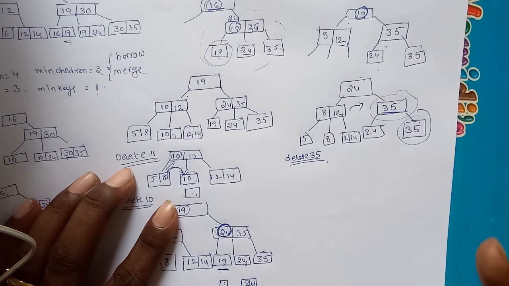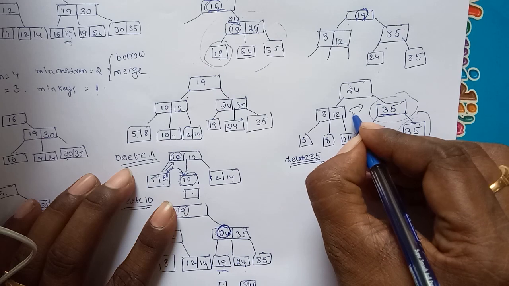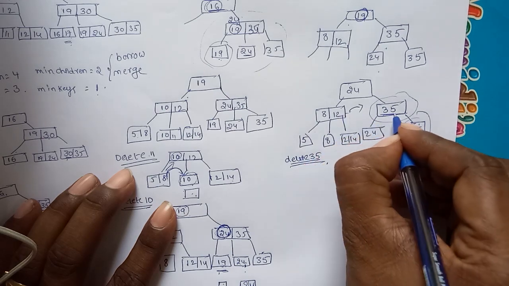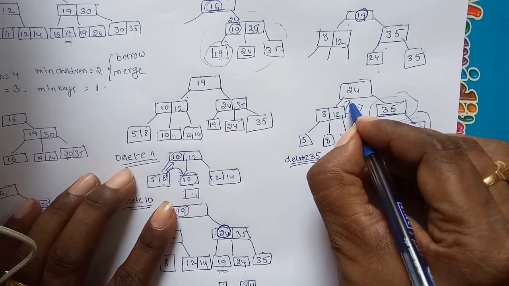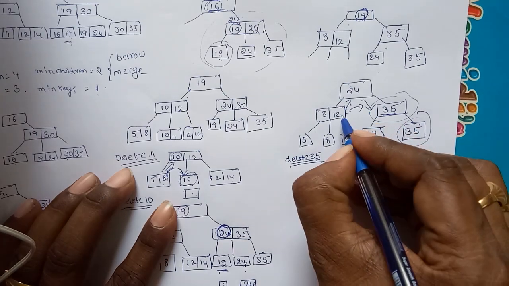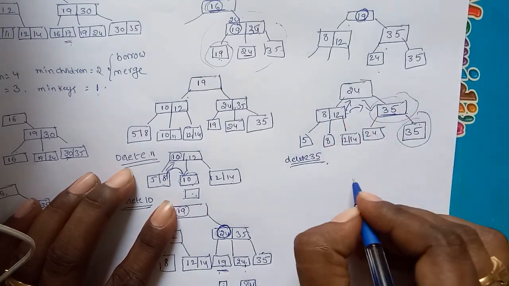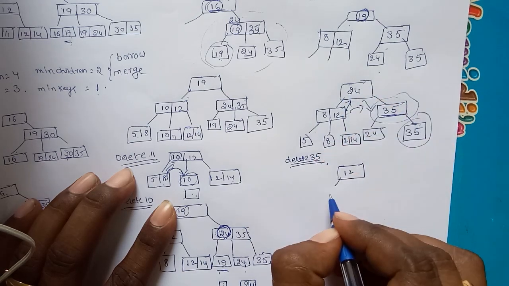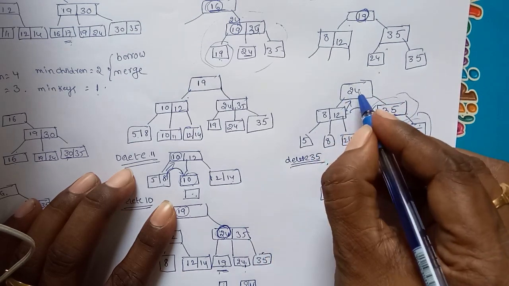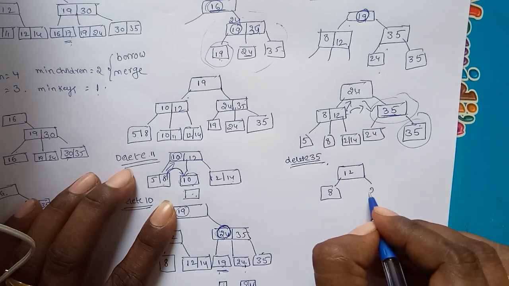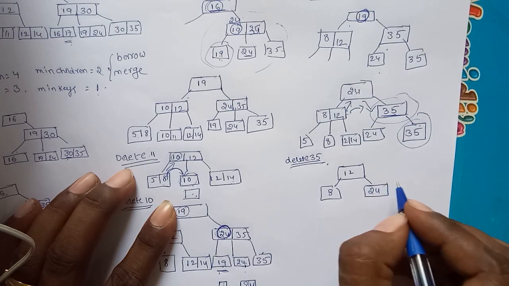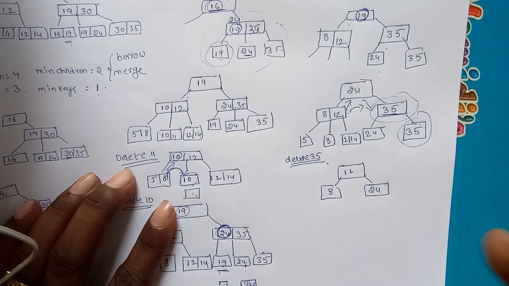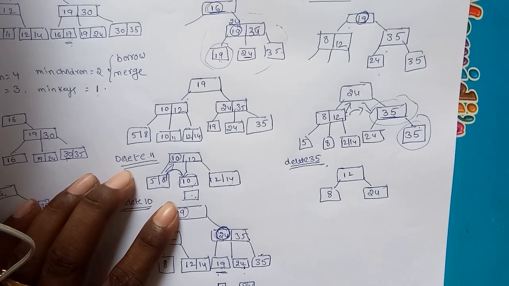So the procedure is, remember, whenever we are taking a borrow, it doesn't come directly: this goes to the parent and the parent to this one. So what happens? 12 is moved to the root, and the left child is 8, and this 24 is moved to the right. Remember, this case is very important.